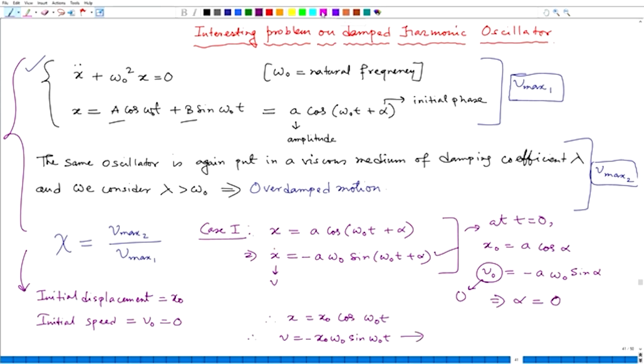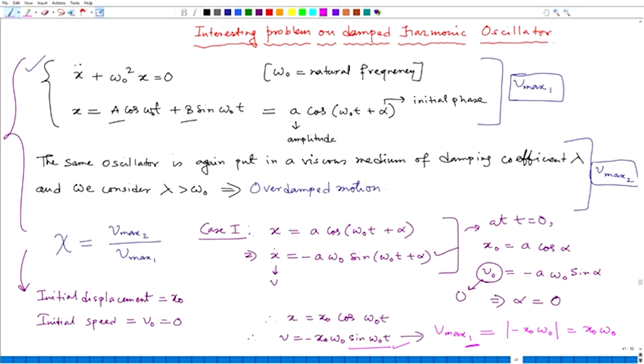V max 1, for the first case, will simply be equal to the modulus of minus x0 omega 0. This will be maximum when sin omega 0 t is 1, and that will be x0 omega 0. This is pretty easy.